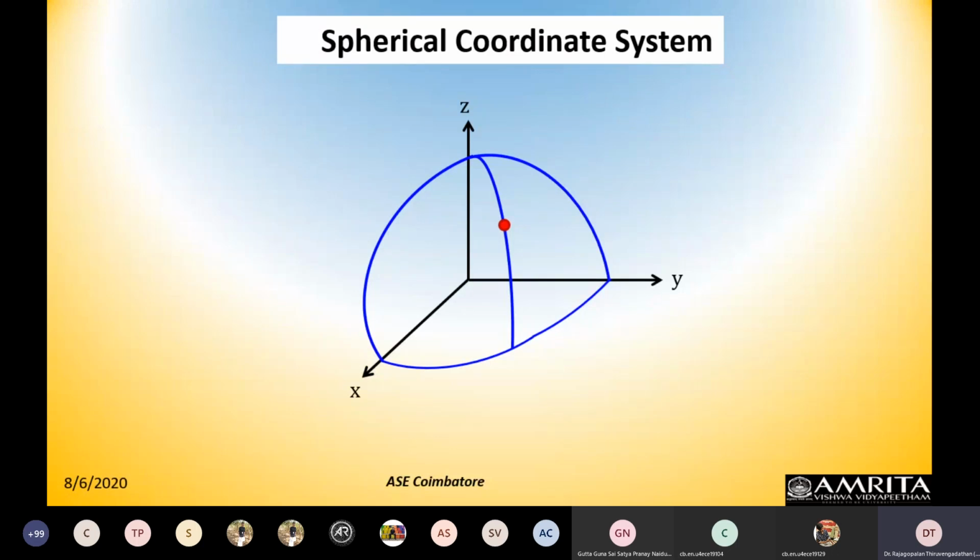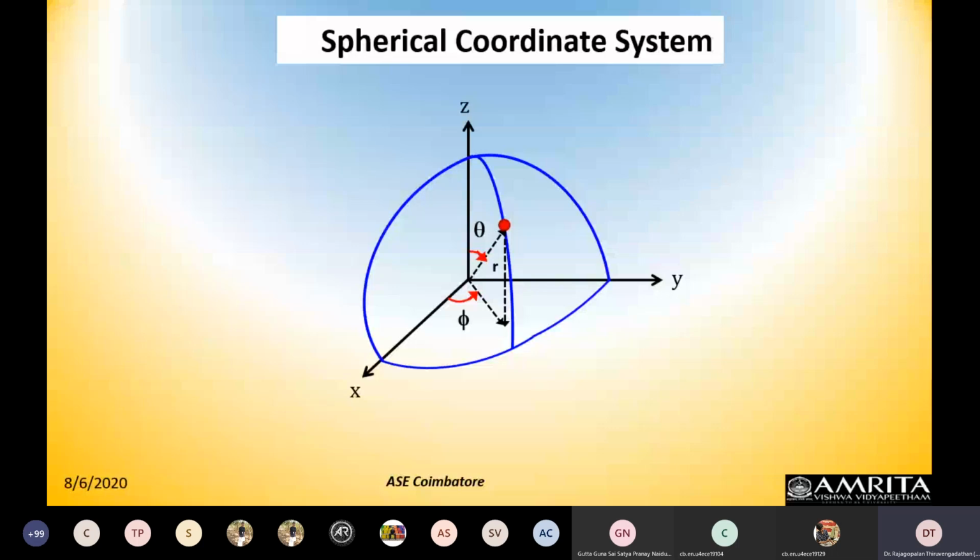Now I move along this direction, the radial direction, or the radial vector, which makes an angle theta here. Now I drop the perpendicular onto the xy plane and take the projection as shown here, and the x-axis makes an angle with this projection, phi.